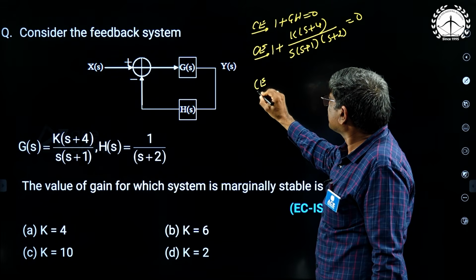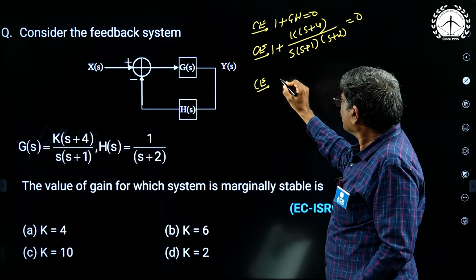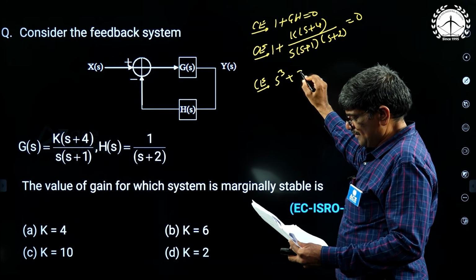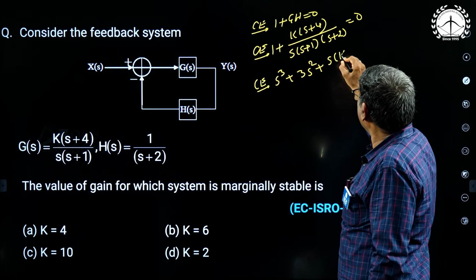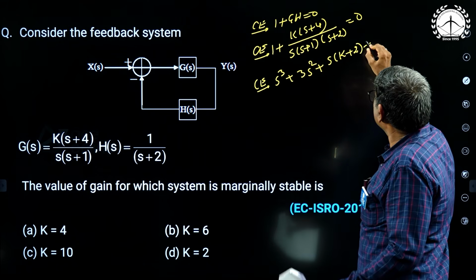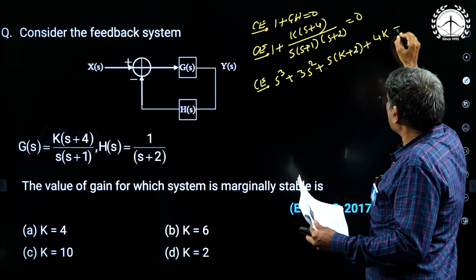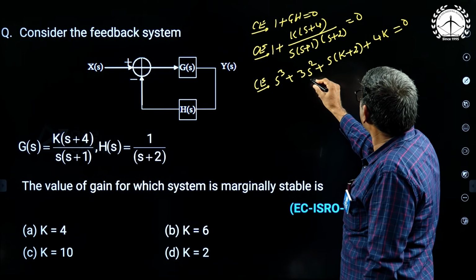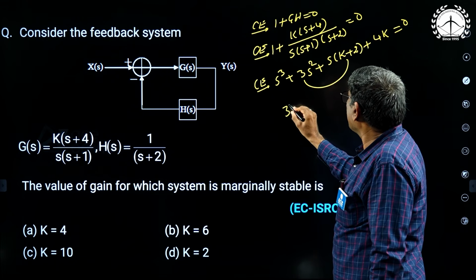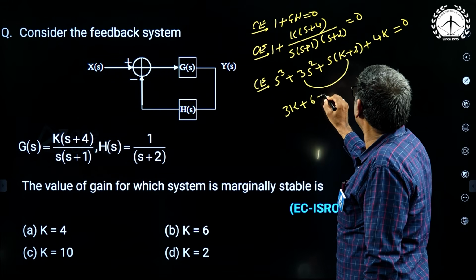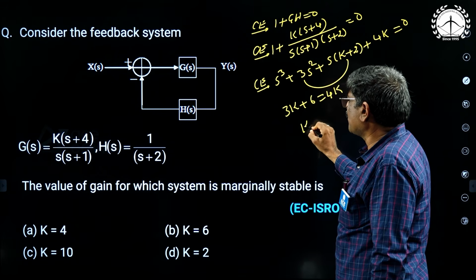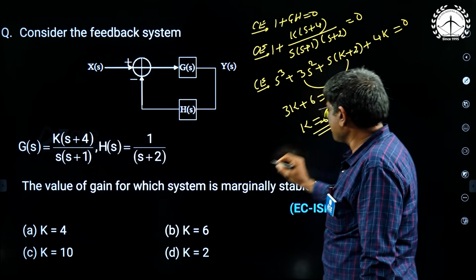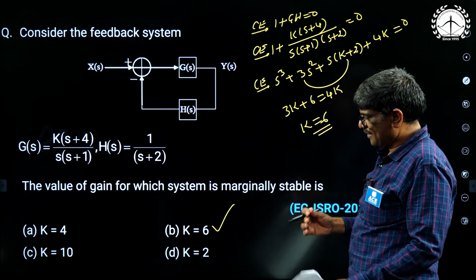So what is the characteristic equation we are getting? S cube plus 3S square plus S into K plus 2 plus 4K equal to 0. Internal product 3K plus 6 equal to external product 4K. So solve it here, K equal to how much? 6. That means answer B is correct.